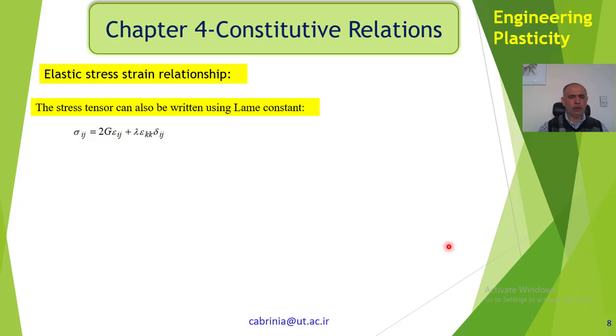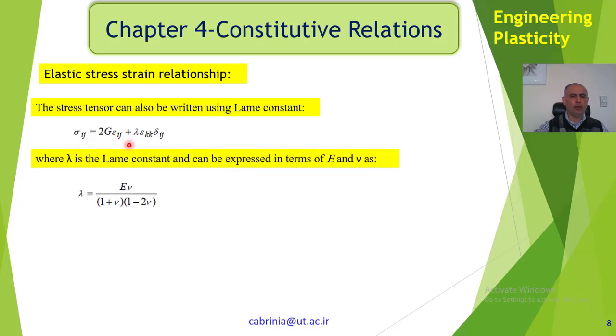Right, so the stress tensor can also be written using Lamé constants like this: sigma ij equals 2G epsilon ij plus lambda epsilon kk delta ij, and we call this a Lamé constant.